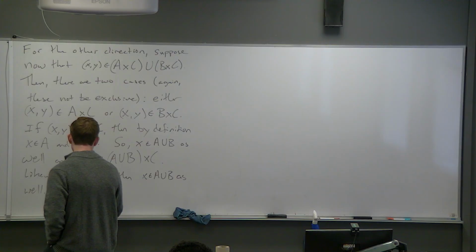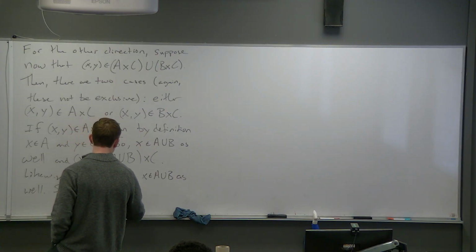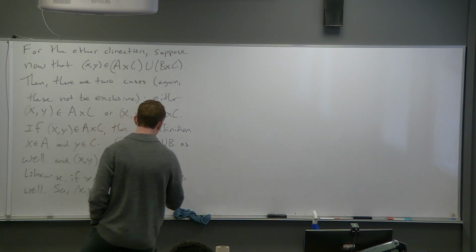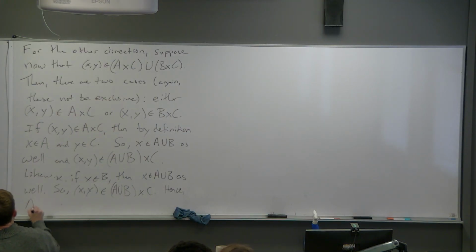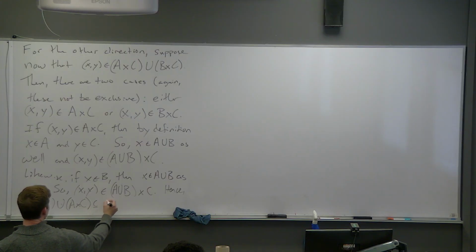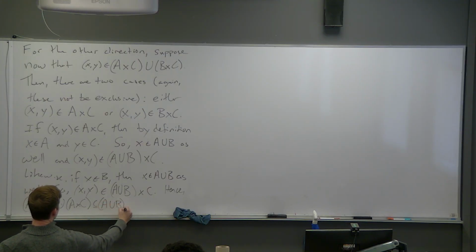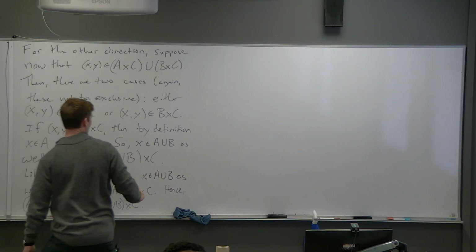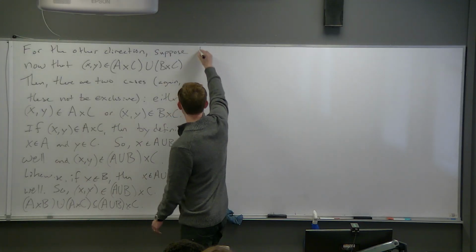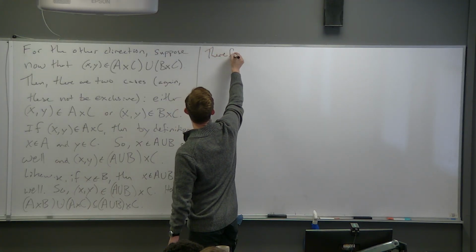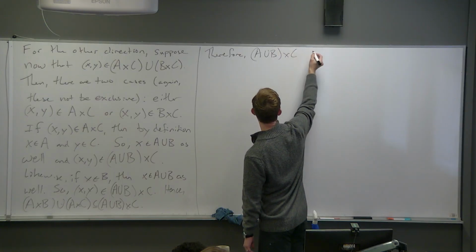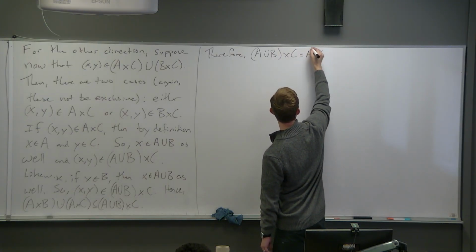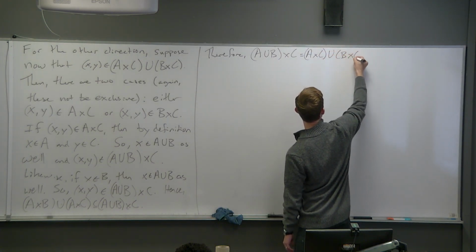So xy would then be in (A union B) cross C. Hence, (A cross C) union (B cross C) is indeed contained in (A union B) cross C. Therefore, (A union B) cross C is indeed equal to (A cross C) union (B cross C).